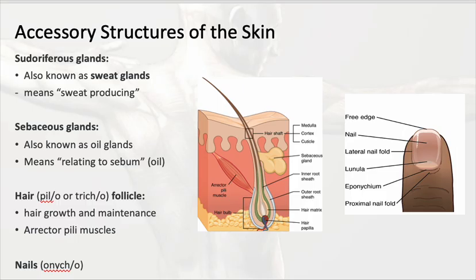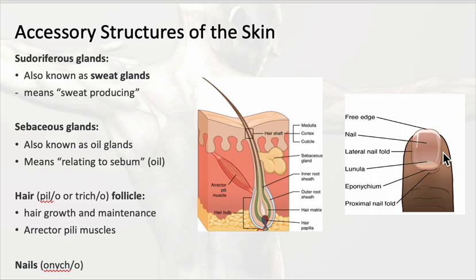erector pili muscles. And finally, nails have the combining form onycho. Nails are hard structures that are made of keratin. As I mentioned, keratin makes up hair, nails, and it's on the surface of the skin. And in this case, the keratin is this hard surface that protects the tips of our fingers and toes.